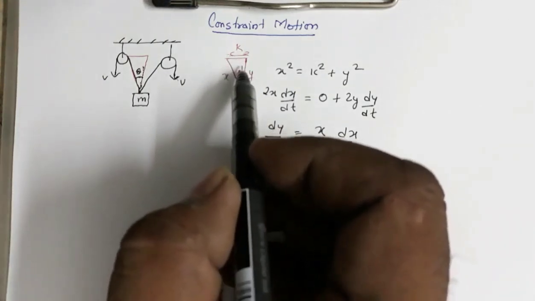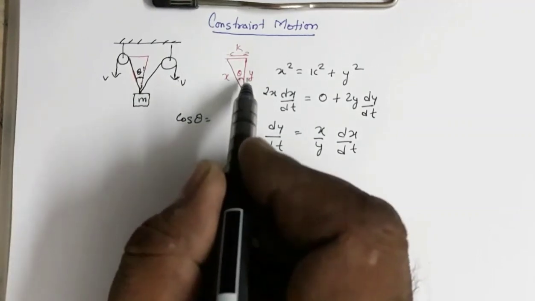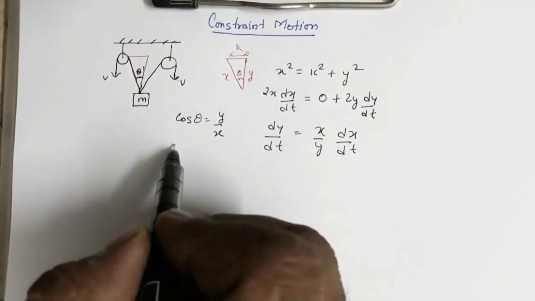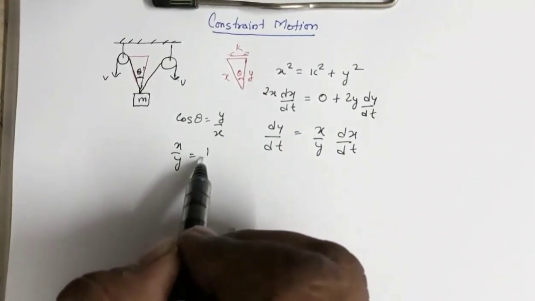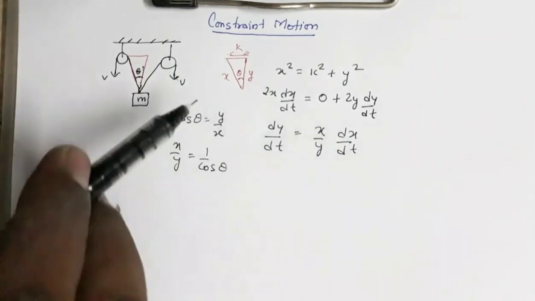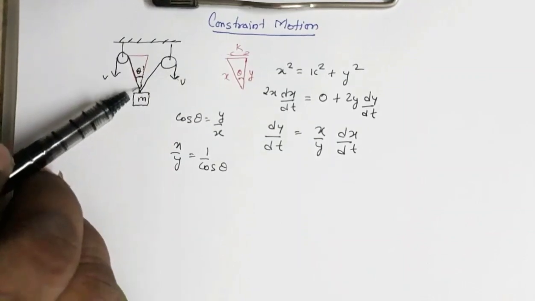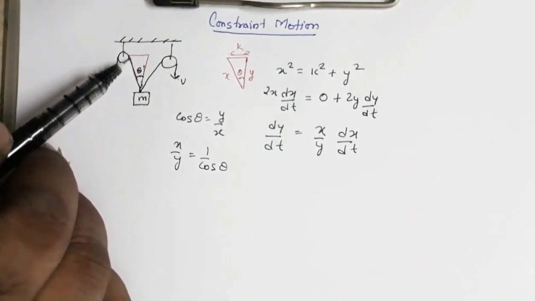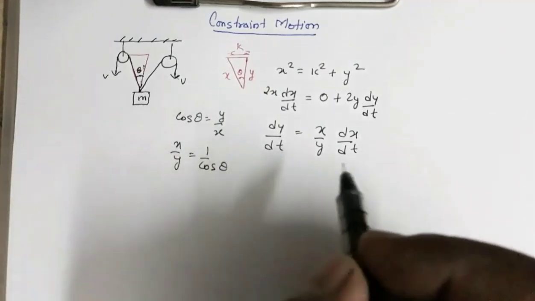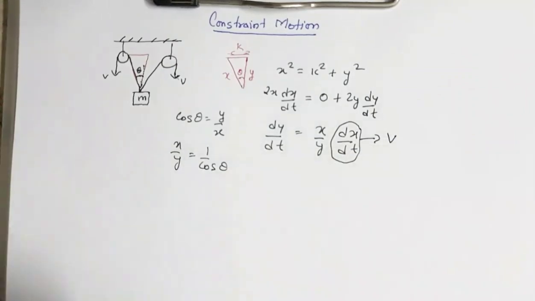Now in this right angle triangle, how much is cos theta? Cos theta is base by hypotenuse, so that is y by x. So that means x by y is equal to 1 by cos theta. Now what is dx by dt? Dx by dt is the rate of change of this length of the string, which is equal to the velocity with which the string is being pulled. So dx by dt is equal to v.